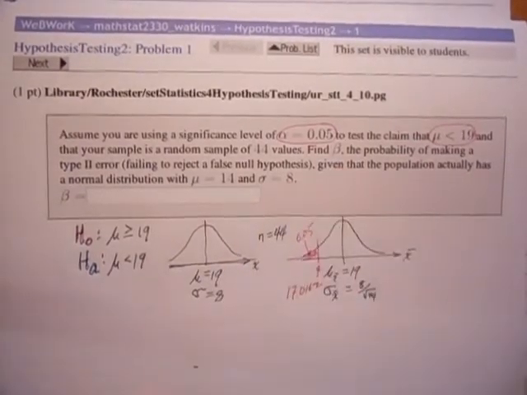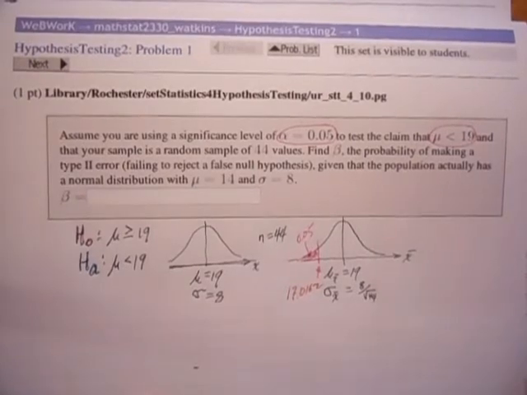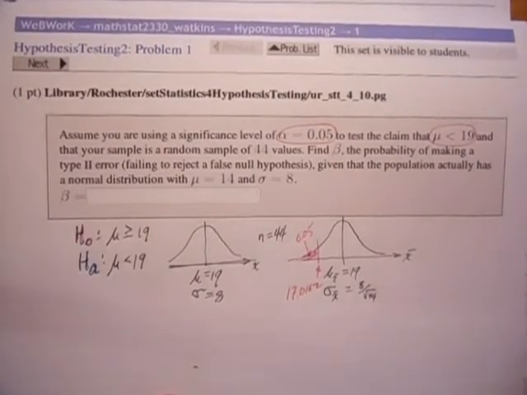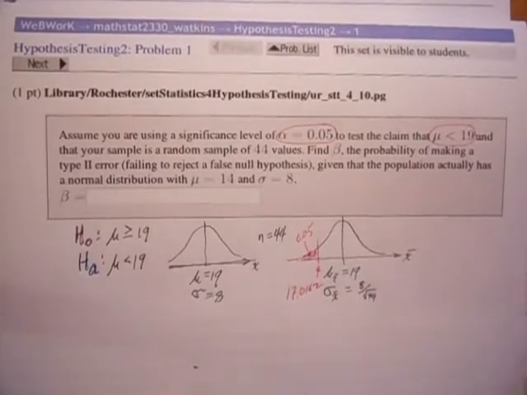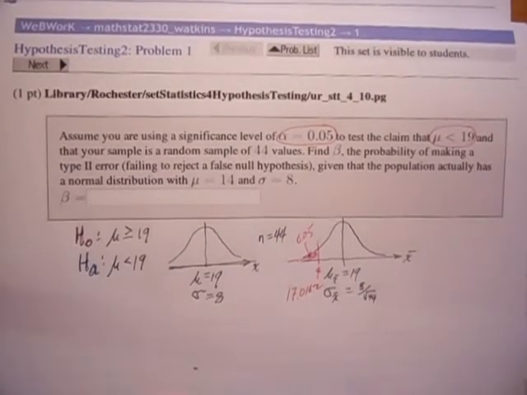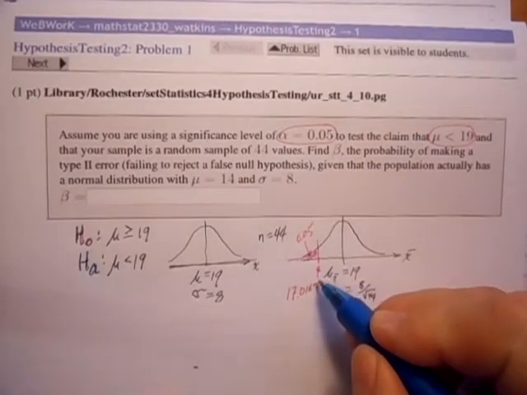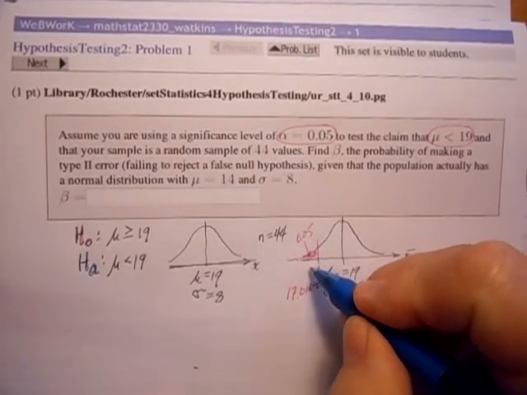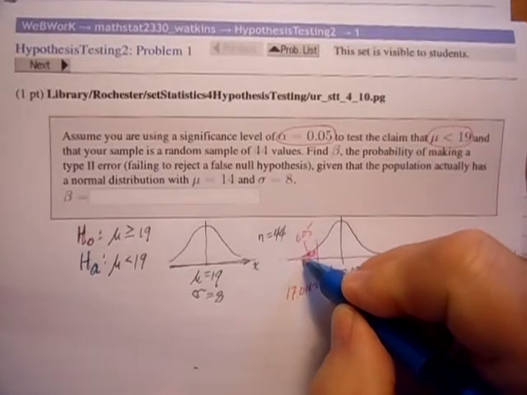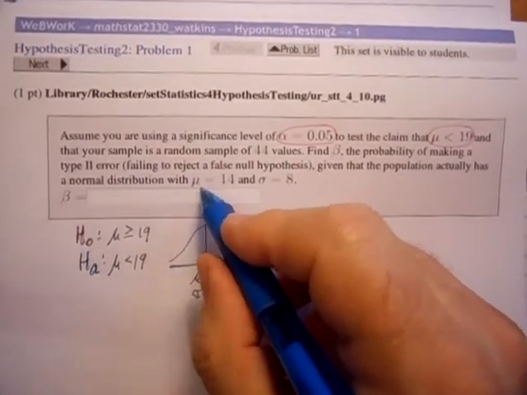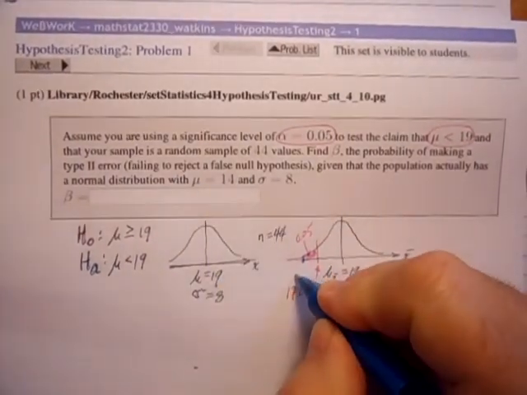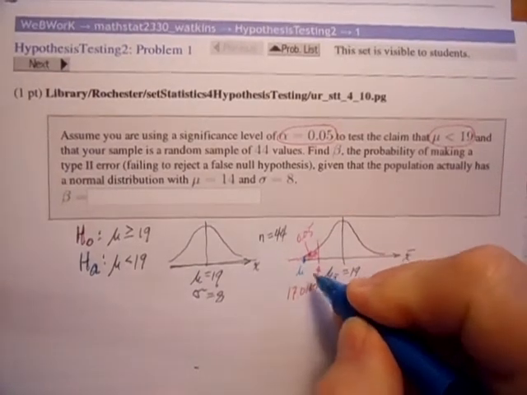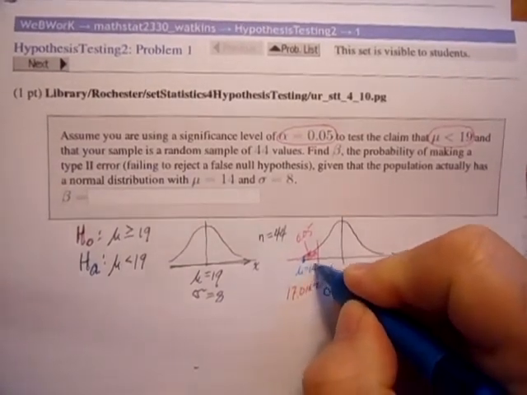The question here, though, is what if the null hypothesis really was less than this? Okay, so what if the mean really was down here? In this case, it's down at 14. What if the real mean really was 14?